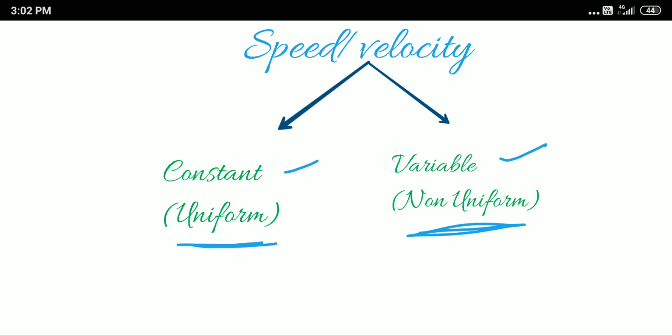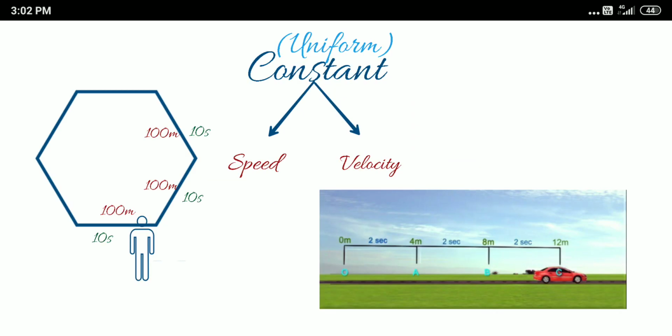Now, first we will describe uniform speed or uniform velocity. Student, you can see this picture first. In this picture, I have drawn a closed polygon or closed path, we can suppose.